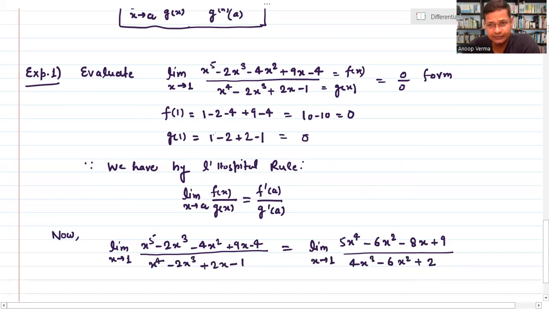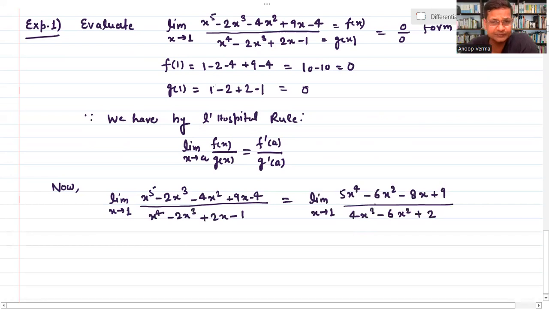So now if you again put x equals to 1, it will be 5 minus 6 is minus 1, and minus 1 and minus 8 will be equal to minus 9, and plus 9, so you will get 0 in the numerator.